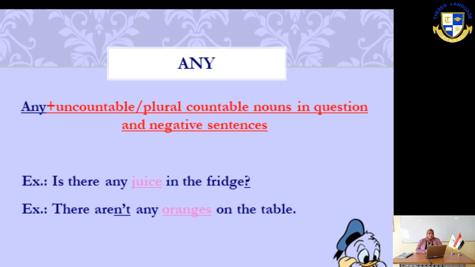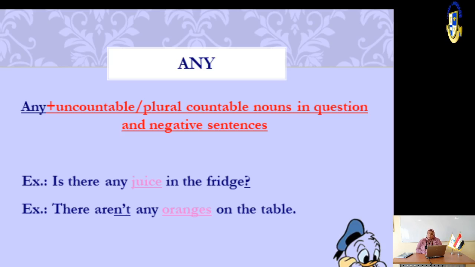Okay, and also I use any with uncountable nouns. So I use any with uncountable nouns and with plural countable nouns in two places, in questions and in negative sentences. For example, like the example you see in the slide, is there any juice in the fridge?